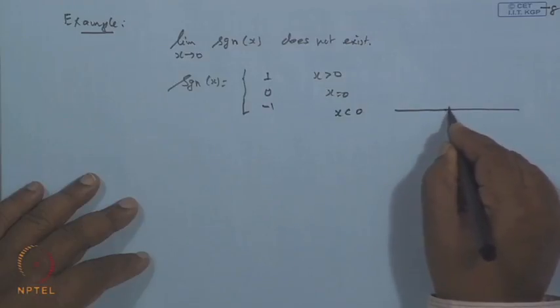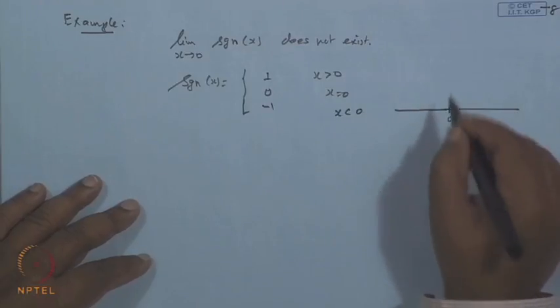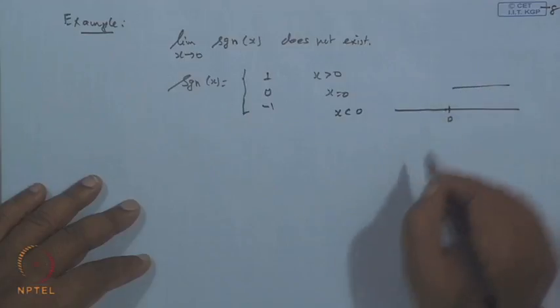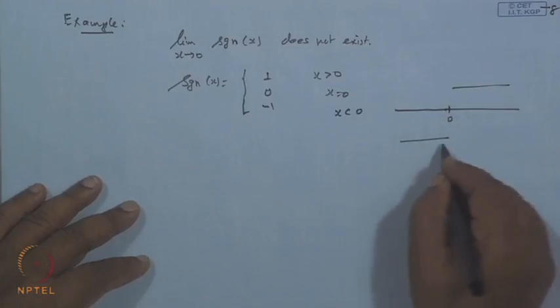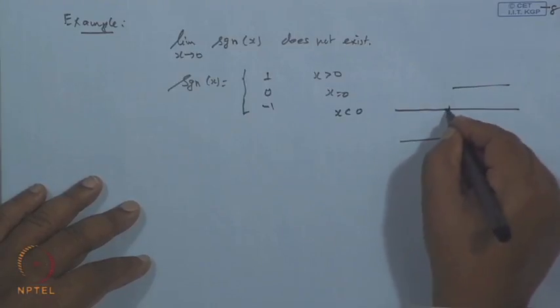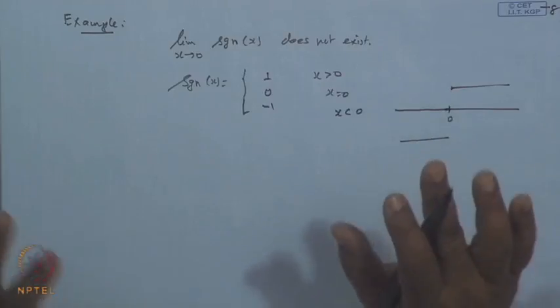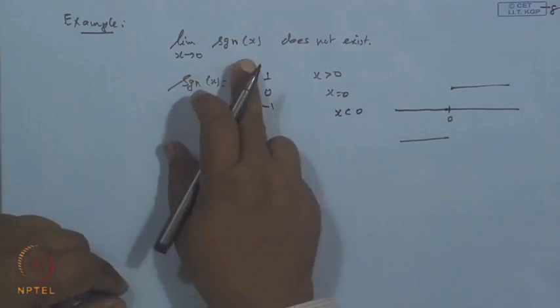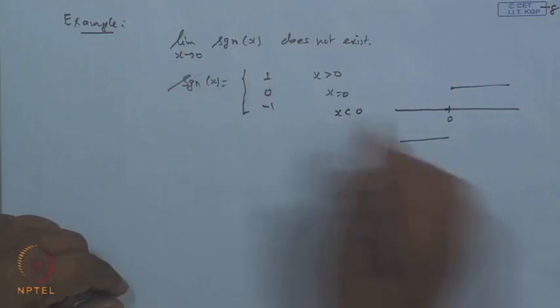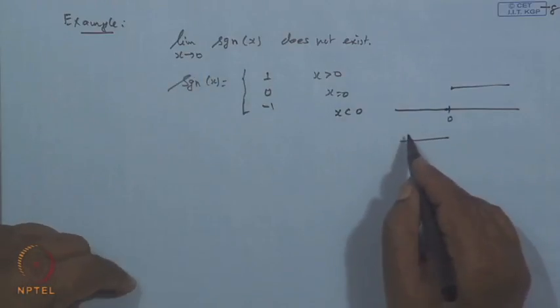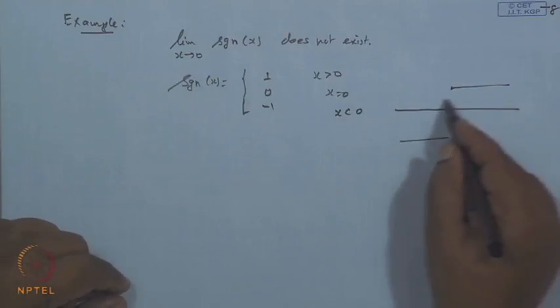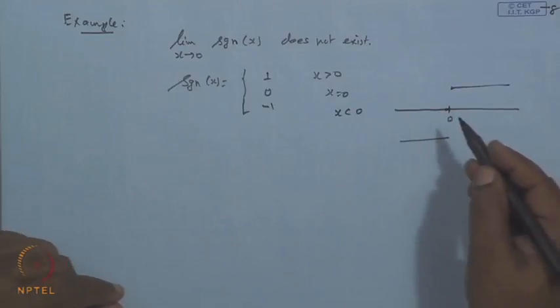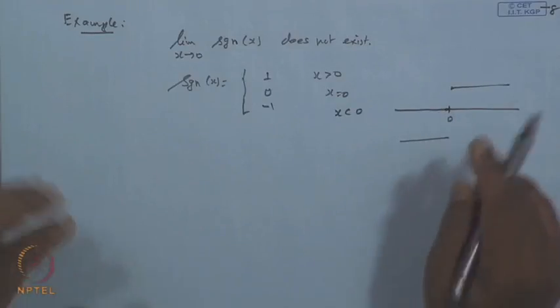The limit of this signum function when x approaches 0 does not exist. When we approach from the left hand side or from the right hand side, the limit will not come out to be the same.